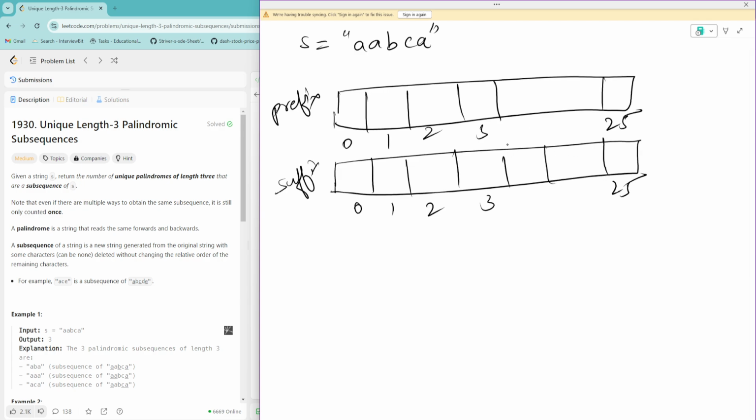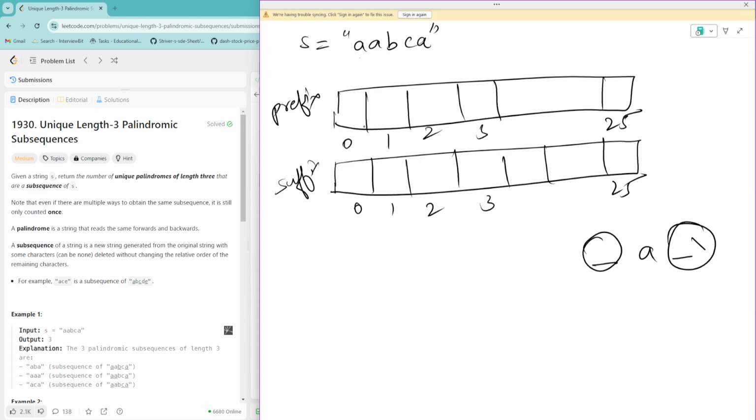Okay. So before checking which characters exist, we first find the count of each character using the suffix array.